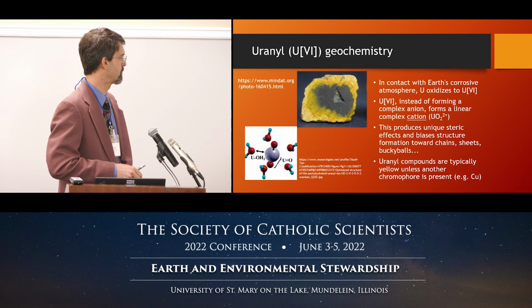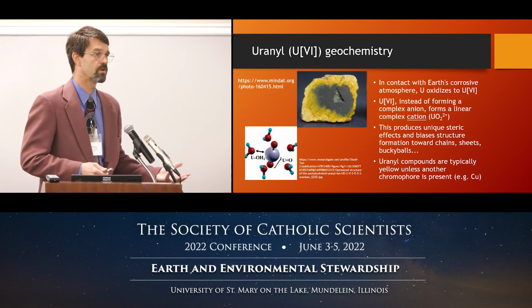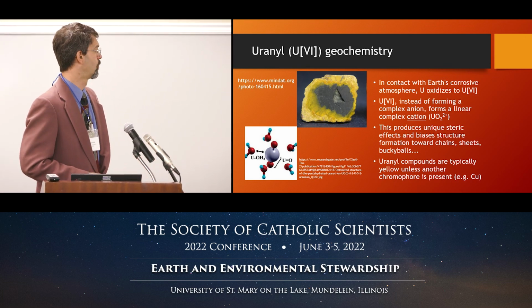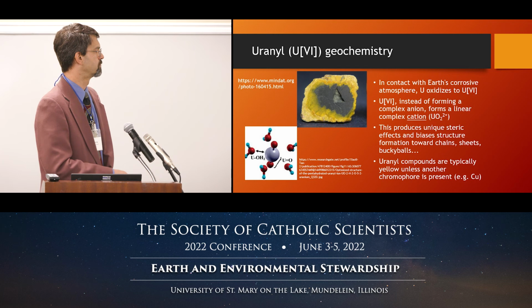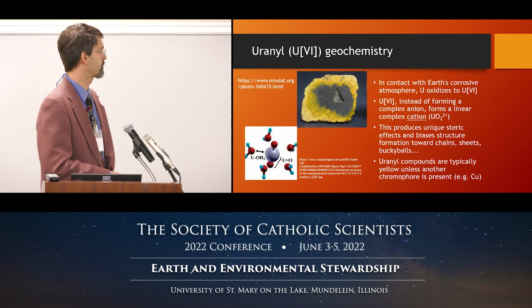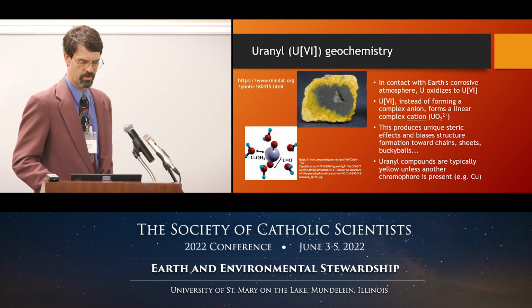In solution, it might gather, say, 5, also 6, occasionally 4 ligands around it to form pentagonal bipyramids, hexagonal bipyramids, or occasionally squarish bipyramids. And uranyl compounds tend to be bright yellow colored, unless there's something else also coordinated with them to change the color a little bit.